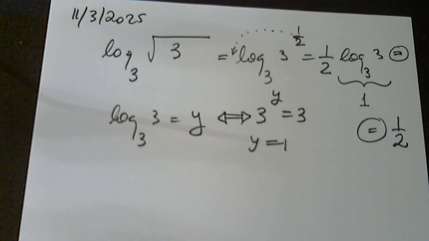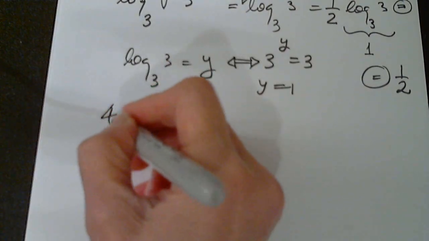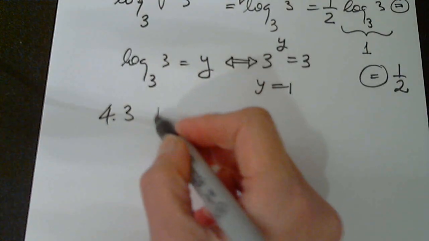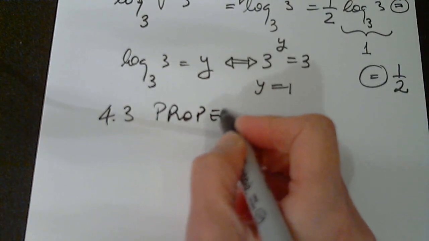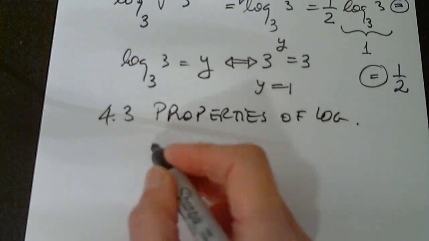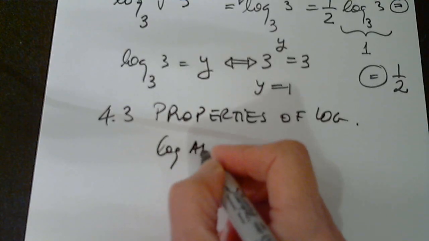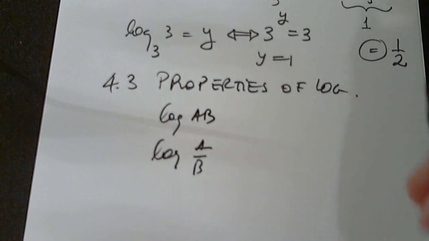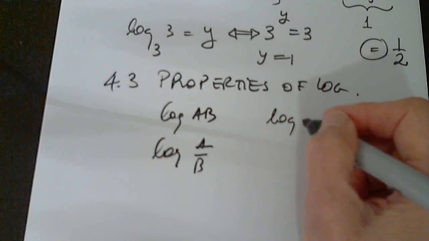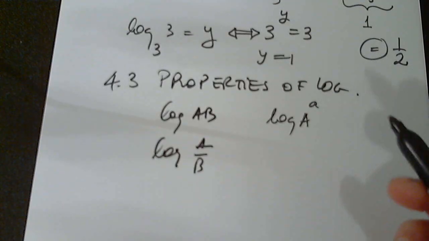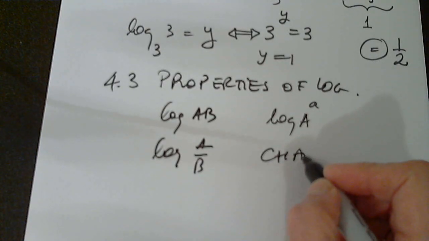Okay, so in that case, we'll continue with problems from 4.3. We already reviewed the properties. This is 4.3, properties of log, which were log of a product, log of a ratio. We just reviewed them a minute ago. Log applied to a to a power, and the change of base.